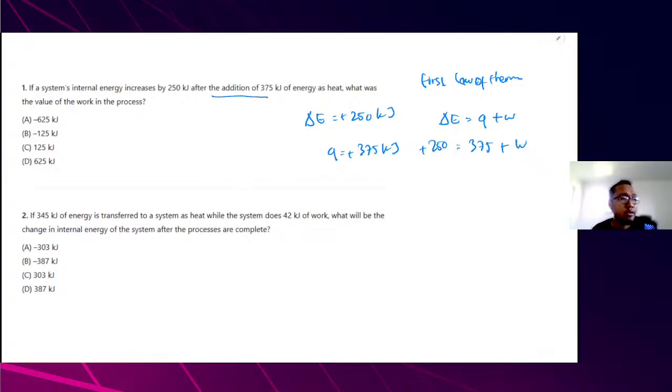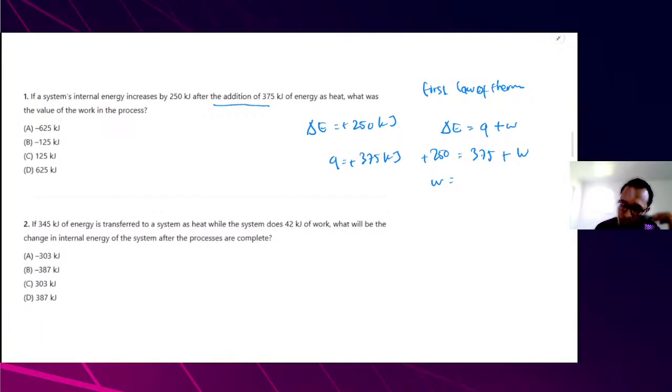W is 250 minus 375. So the answer would be minus 125 kilojoule. So the answer will be B.